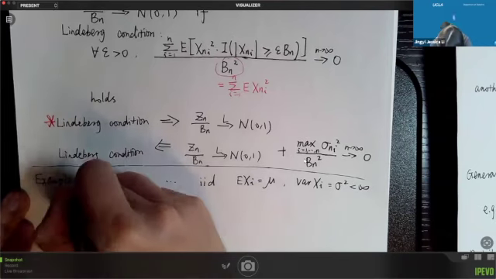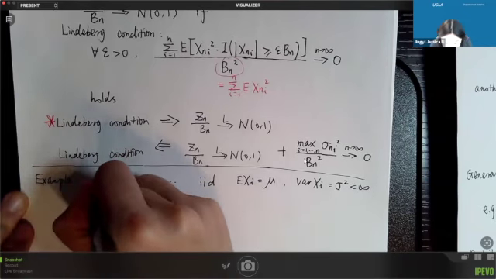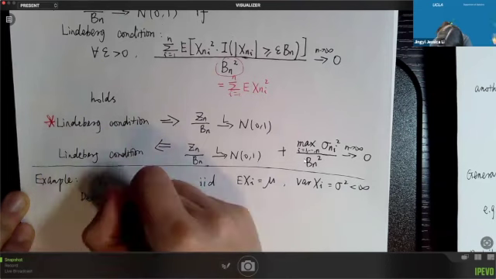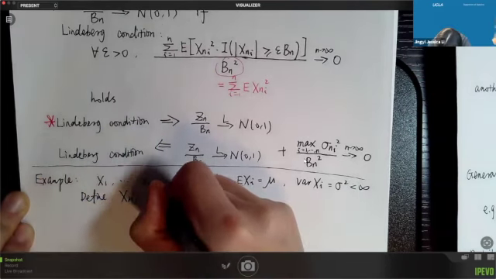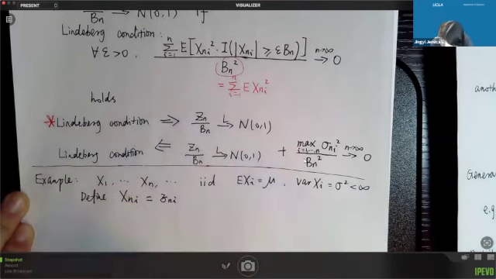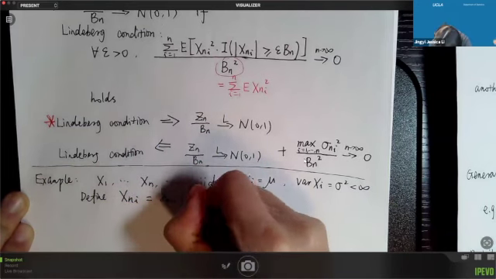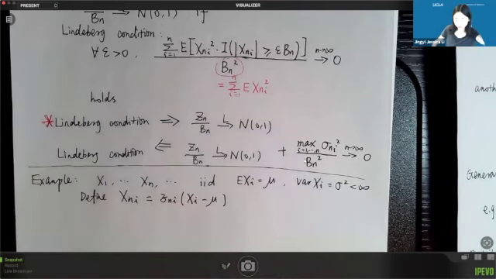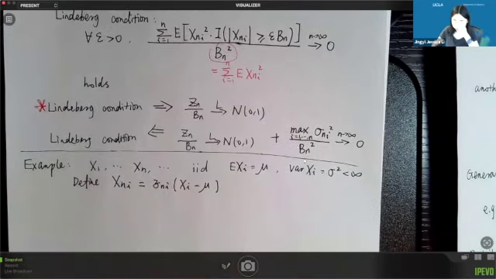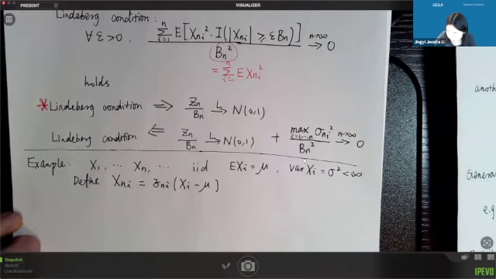So we define Xni to be equal to some constant Zni times (Xi minus mu). By this definition, we are satisfying the Lindeberg theorem's setup.